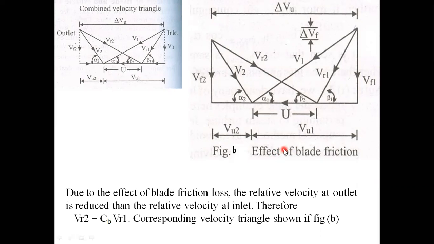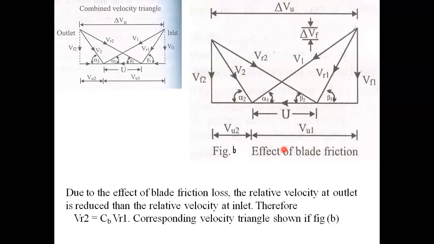Means blade friction between blade and steam: steam flowing on the blade surface, that friction we are considering, affects VR2. So due to blade friction losses, the relative velocity at outlet is reduced compared to the relative velocity at inlet, means VR1 is greater than VR2.